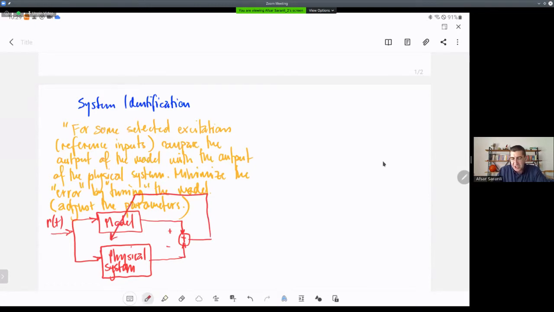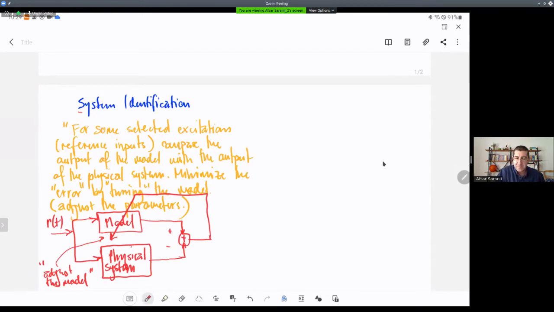This notation signifies that here what is happening is that you are adjusting the model. Okay? Here the model becomes adapted to the physical system.